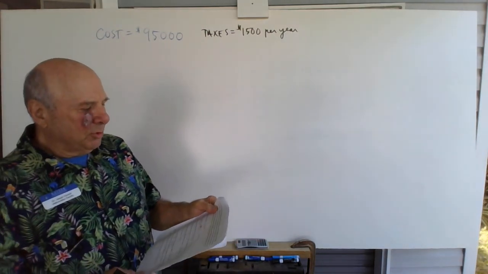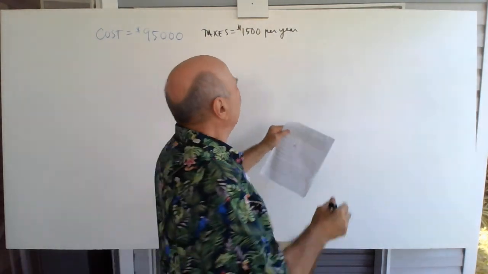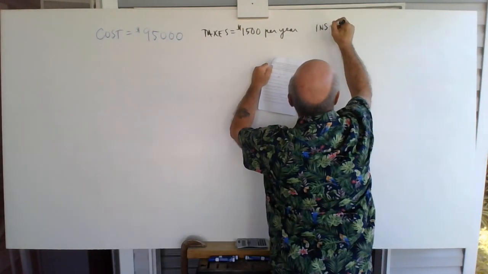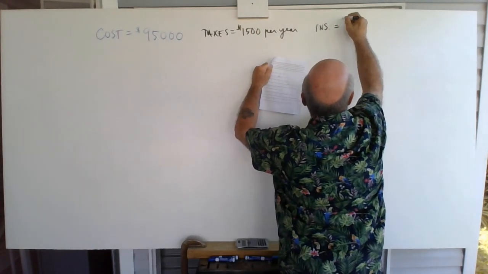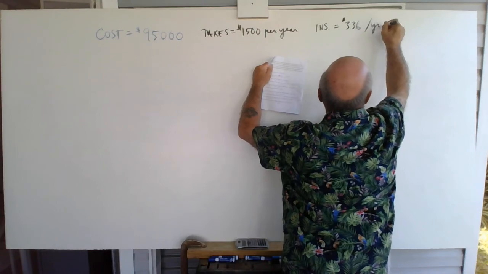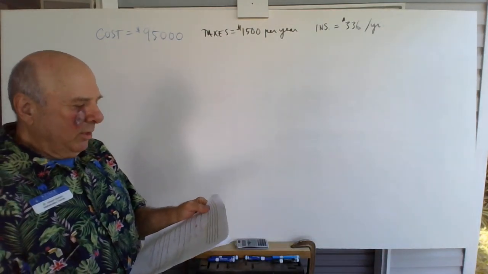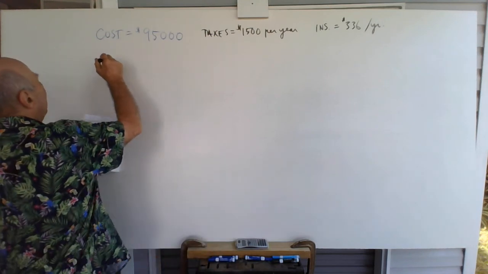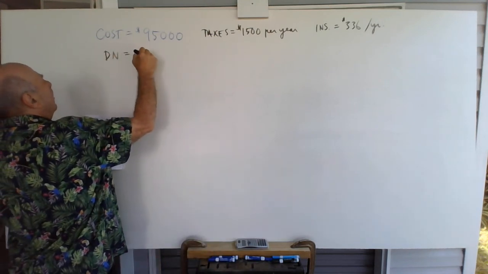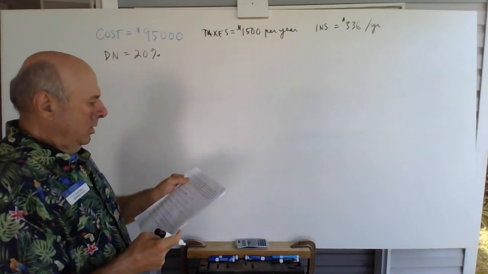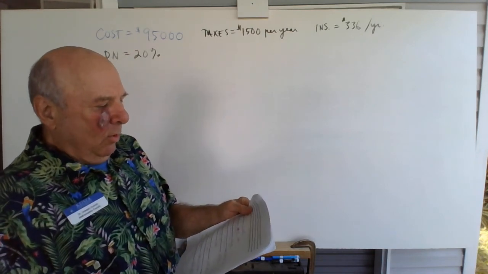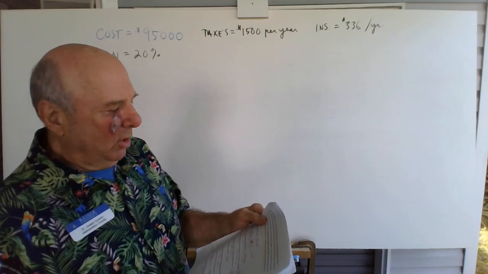And the homeowner's insurance is $336 per year. The bank requires a 20% down payment and 1.5 points at closing.